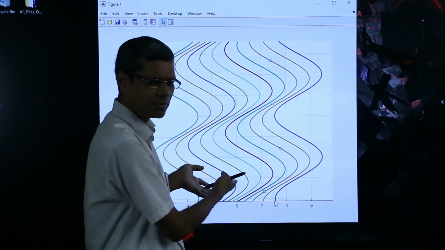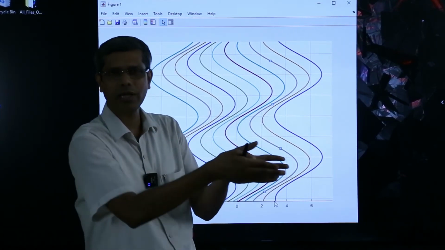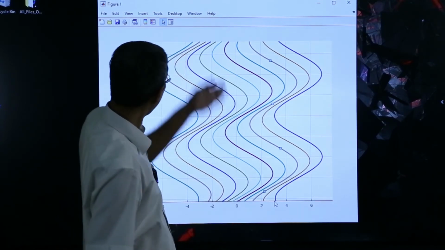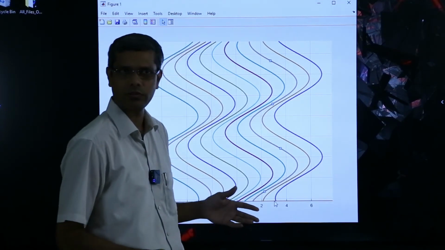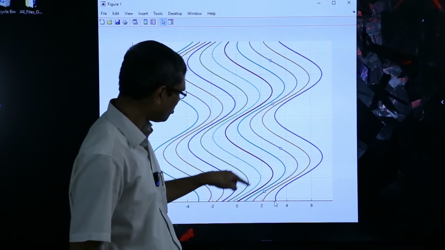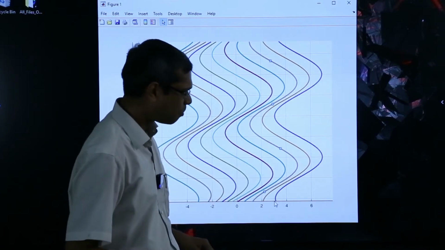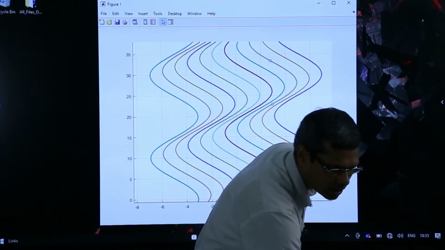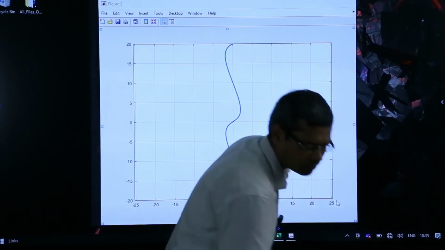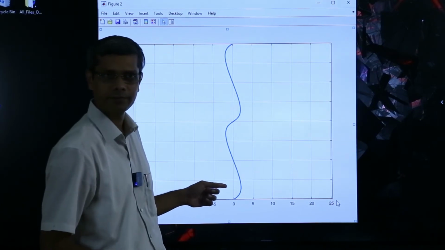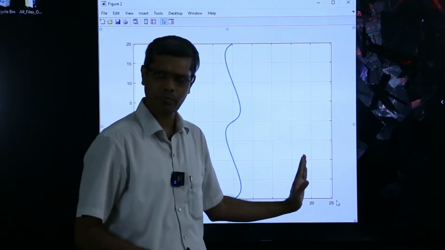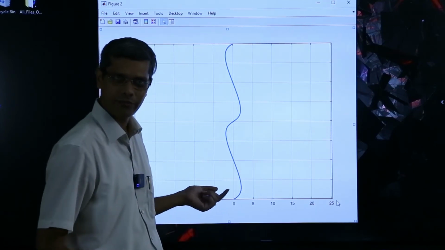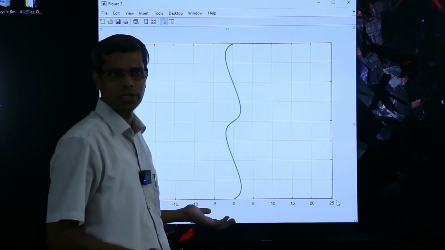The function which has been plotted is A sine of omega t minus k x naught at x naught equal to 0 and at different times. So that is completely sinusoidal, but the Eulerian displacement curve is not a sinusoid. And similarly you can plot at any point, it will not be a sinusoid. And similarly the velocity, if you plot it, will not be a cos function either.